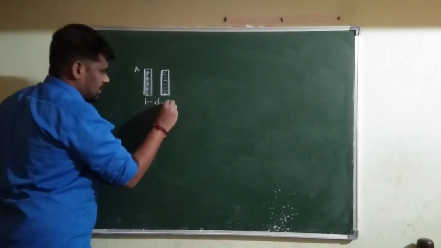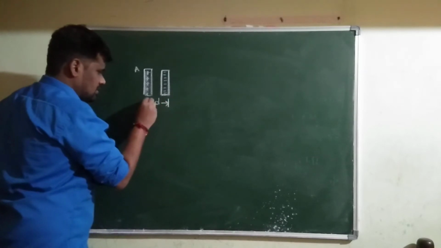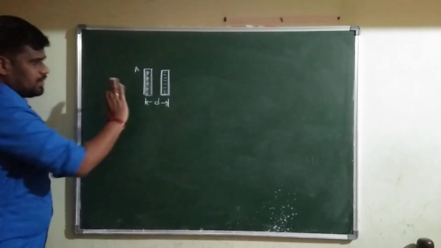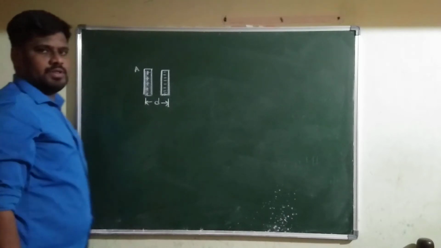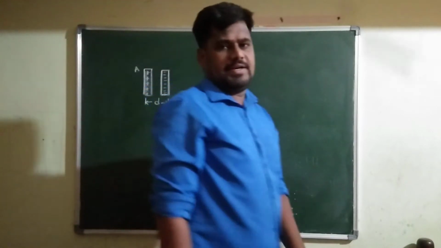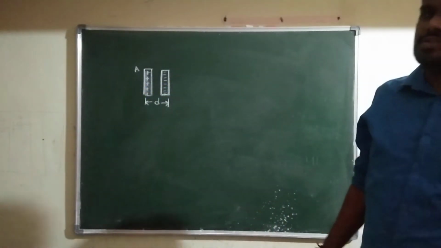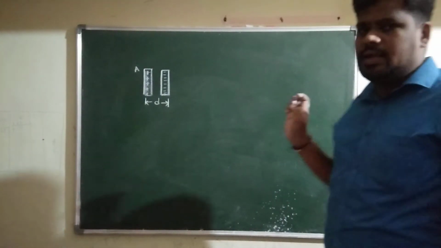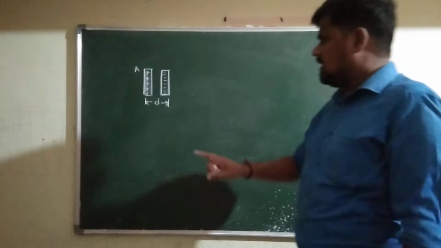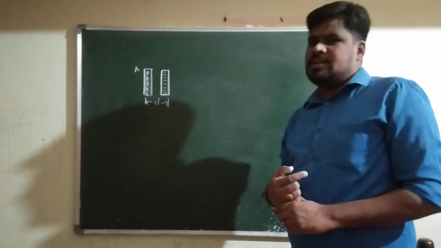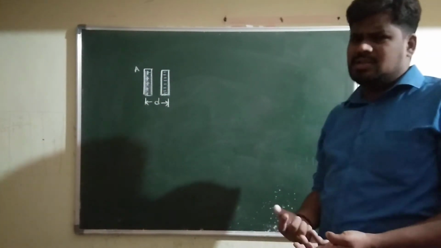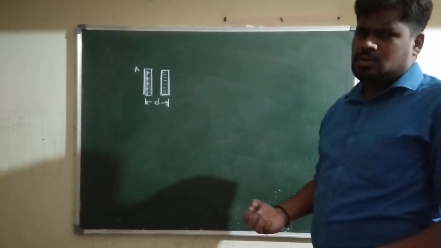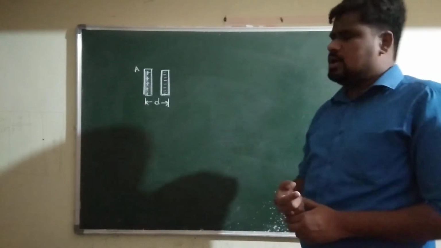These two plates are separated by distance D, and the gap existing between the two plates of the parallel plate capacitor was not filled with any dielectric medium. Either air is considered as the dielectric medium, or else vacuum may be present between the two plates.